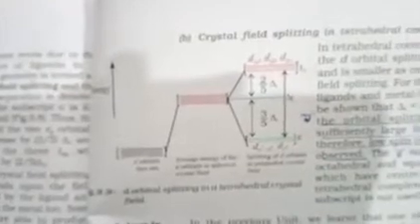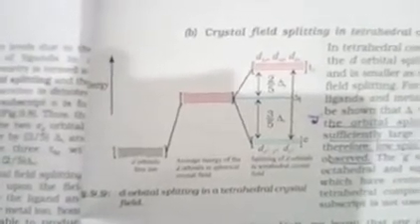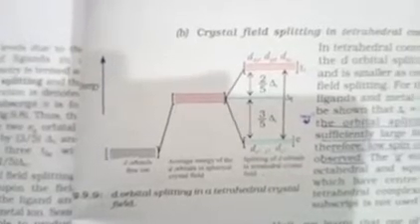Now we'll go to crystal field splitting in tetrahedral coordination entities. This is the picture. Here the only difference is that the three orbitals will go upward, and dz2 and dx2-y2, that is eg, will be in the lower energy level, while t2g will be in the higher energy level.